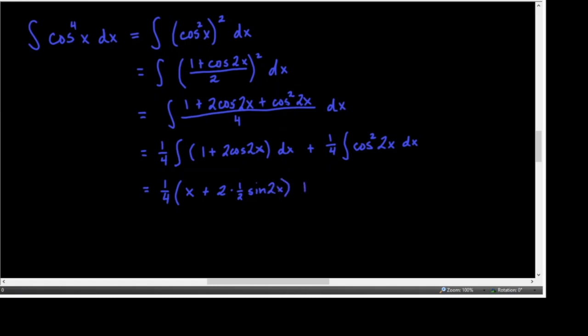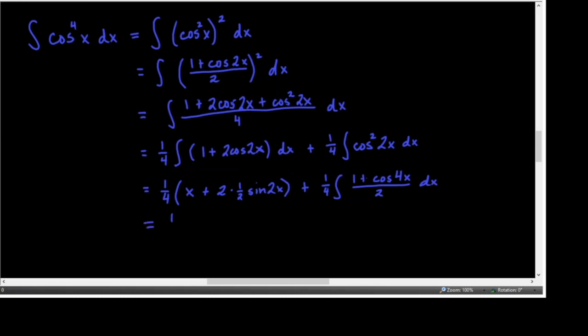Okay, and over here we'll need to replace cosine squared of 2x with 1 plus cosine of double the angle above, so 4x now, over 2 dx.